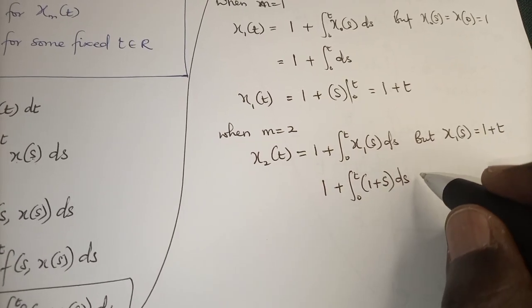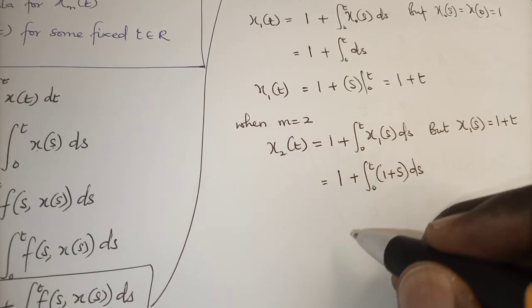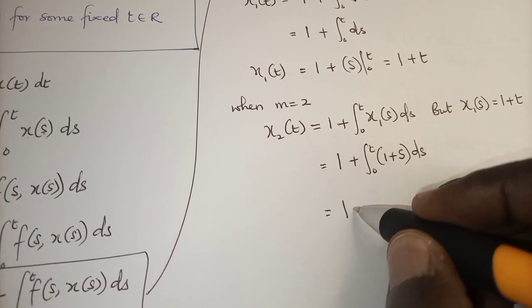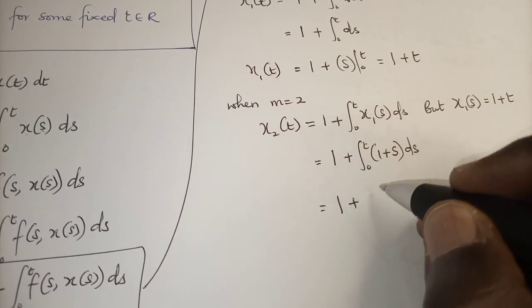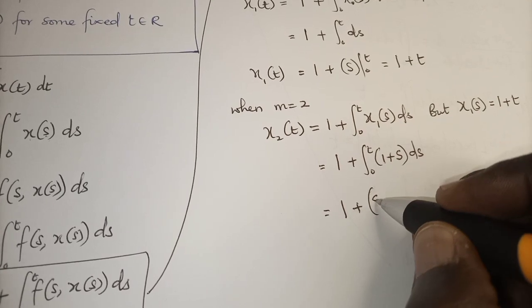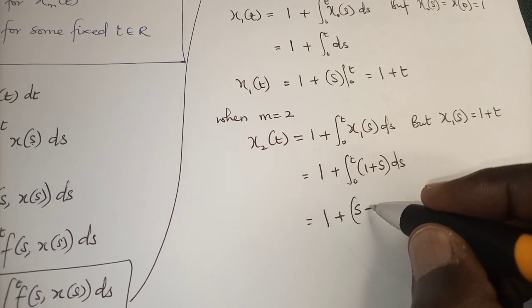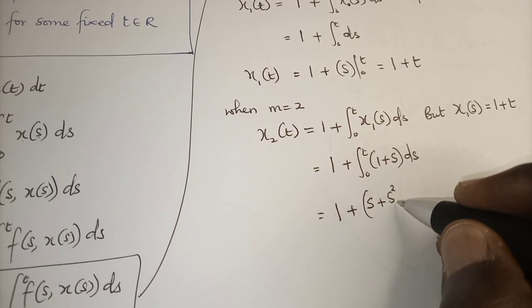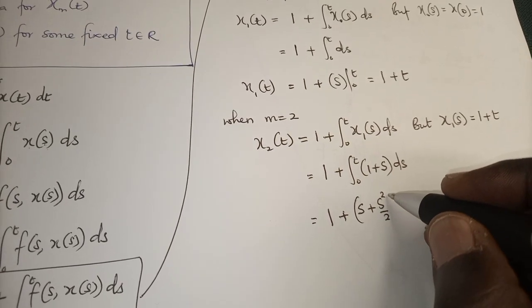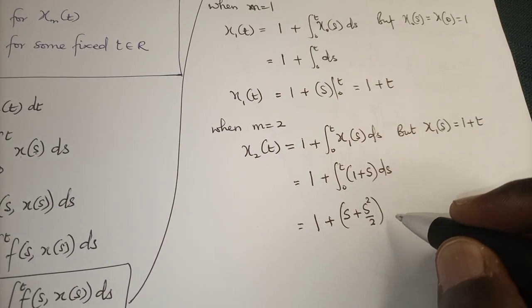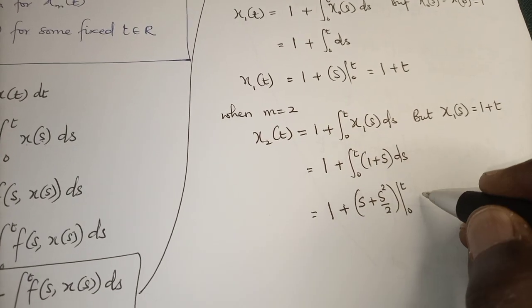So when you integrate this, we'll have 1 plus, integrating 1 you get s, integrating s you get s squared on 2, from 0 to t.